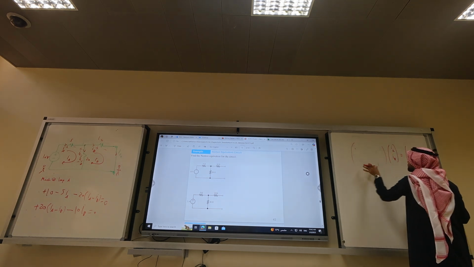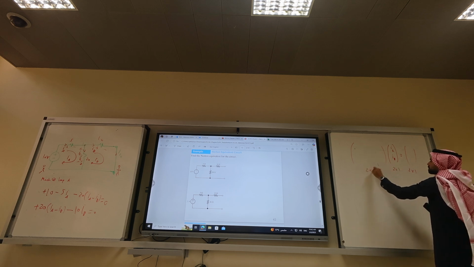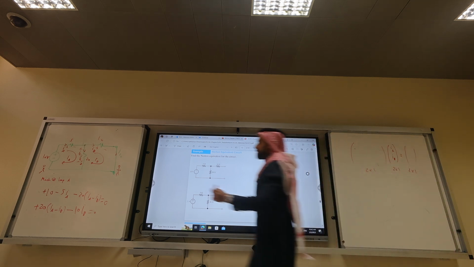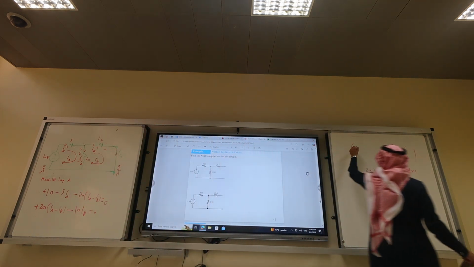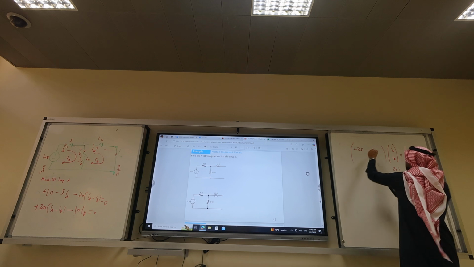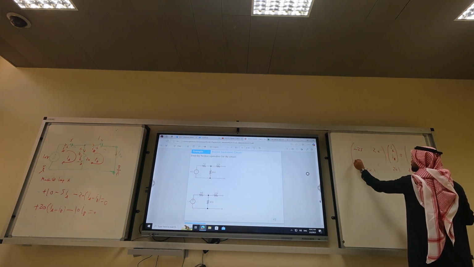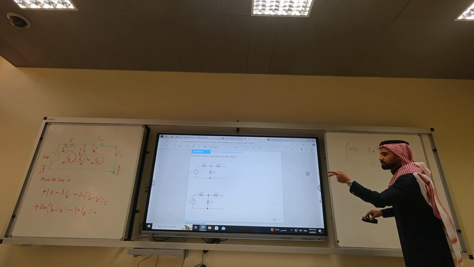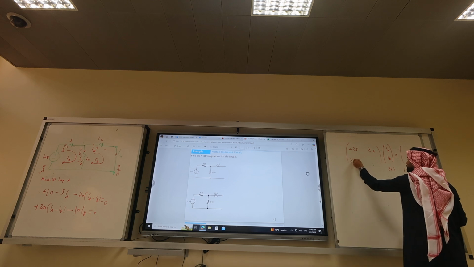Standard form, what's the size? 2 by 2, 2 by 1. Coefficients of IA, minus 25. Coefficient of IB, 20. Lower line, minus 20. No, it's plus 20. Yes.